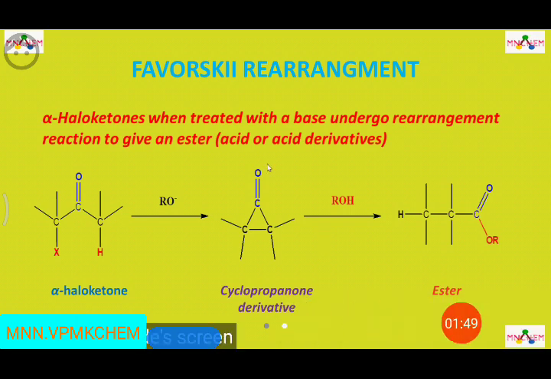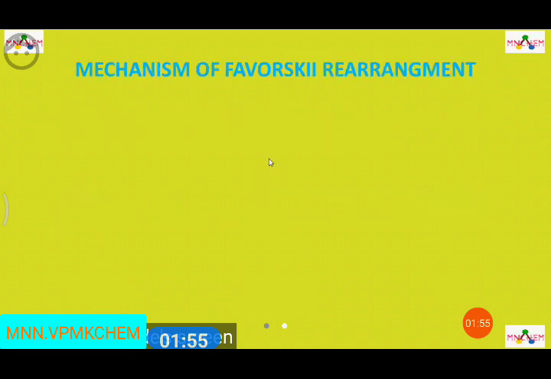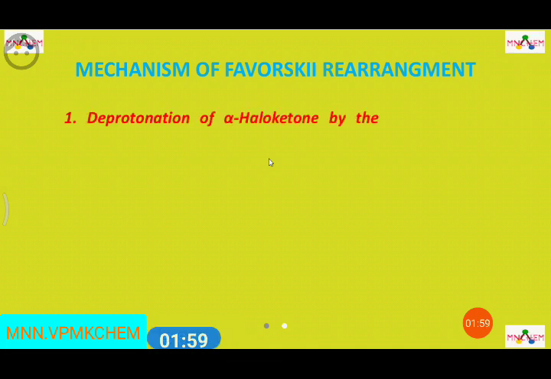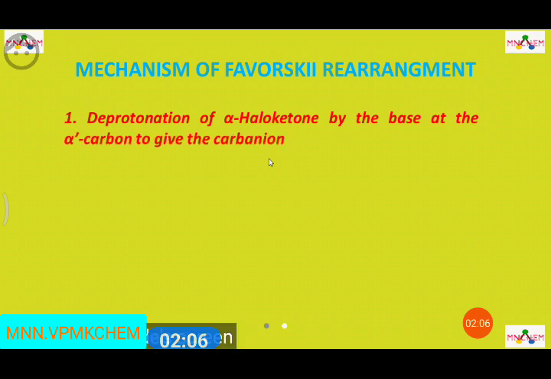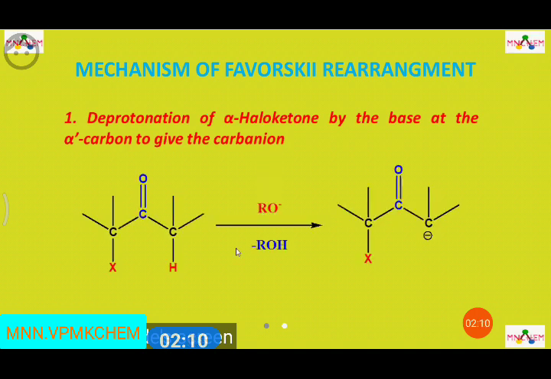Now let's discuss the mechanism of the Favorskii rearrangement. In the first step, the base deprotonates the alpha haloketone at the alpha dash carbon to give the carbanion. It can be represented with this reaction.